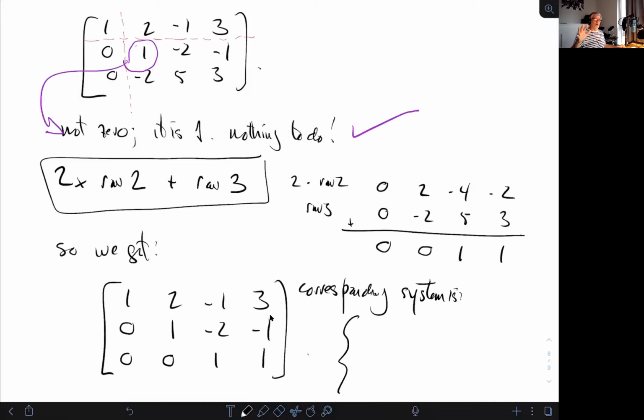And again, we know that the operations we used do not change the set of solutions. So the solutions of this system are those of the original system that we're looking for. This one is easy by back substitution. That's the whole point.